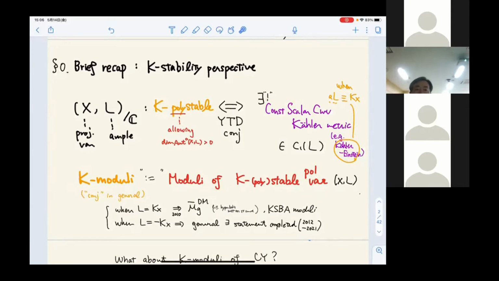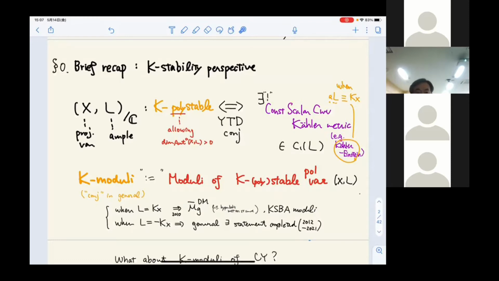If you collect just the K-stable ones, it gives a good framework for moduli, including the classical ones: the Deligne-Mumford compactification of the moduli of stable curves, the moduli of Calabi-Yau varieties, the smooth ones, and also the canonically polarized case, when L is proportional to K_X. In this case, when K_X is ample, which is more or less a special case of general type, we have the Deligne-Mumford compactification and also the KSBA moduli, Kollár, Shepherd-Barron, Alexeev moduli, which extend this story.